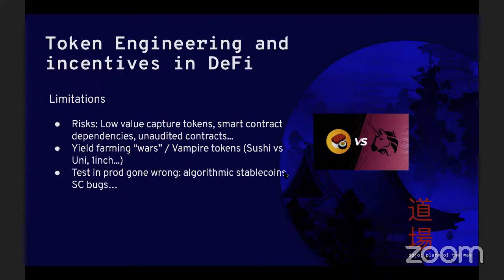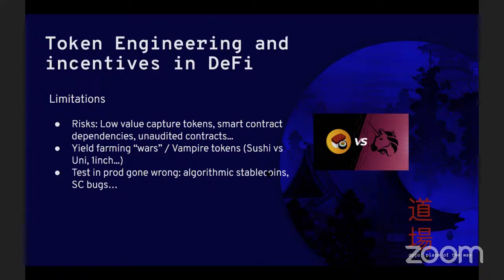Testing in prod gone wrong. Obviously, testing in prod is risky. So you've had episodes like algorithmic stablecoins. For those of you who don't know, a stablecoin is a token that's pegged to the value of fiat currencies like the US dollar or the euro. And algorithmic means that it's only creating incentives for users and holders to keep the stability going.